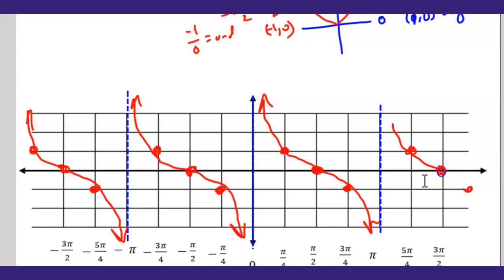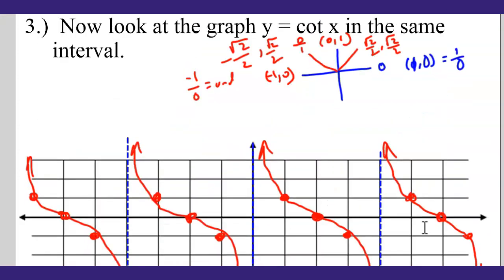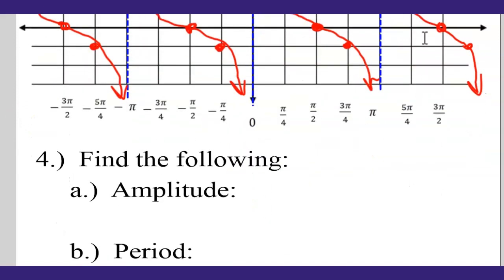And one more. So now we have it drawn, we can answer questions. This is cotangent, guys. This is tangent. Now, the amplitude again from the midline to the top is non-existent. There is no top, so none.